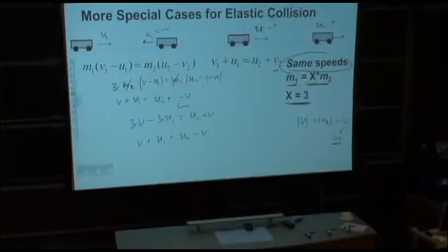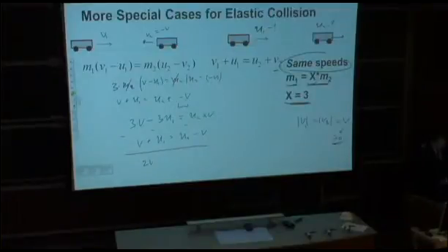Now, what do I want to do? I want to eliminate one of the unknowns as soon as possible. And here, the fastest way would be subtracting those equations. Because in that case, u2 minus u2 gives 0. They would cancel. So I'm subtracting. So 3v minus v, 2v.